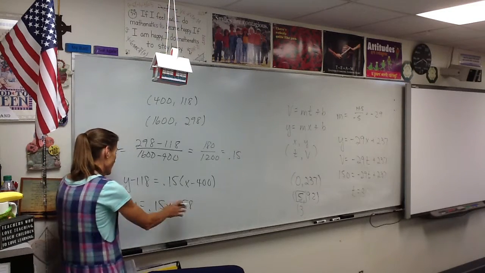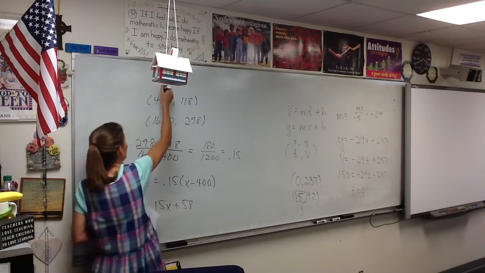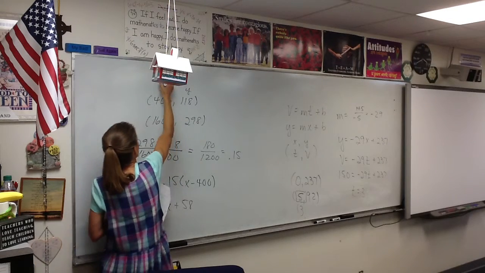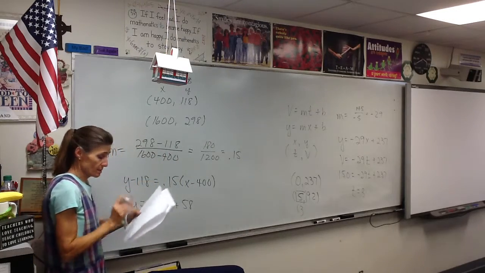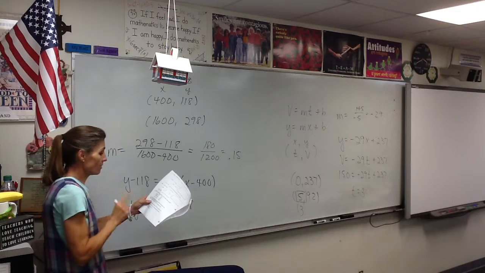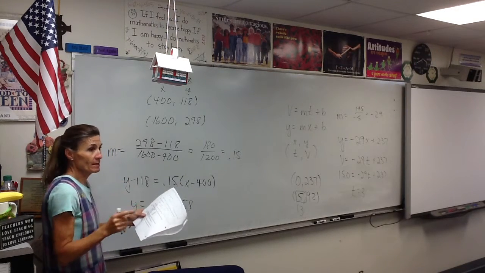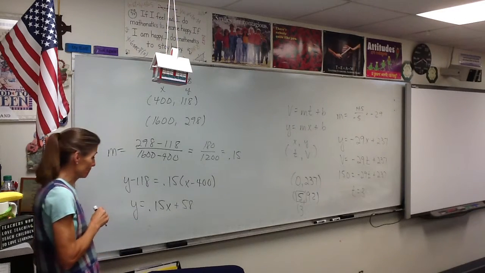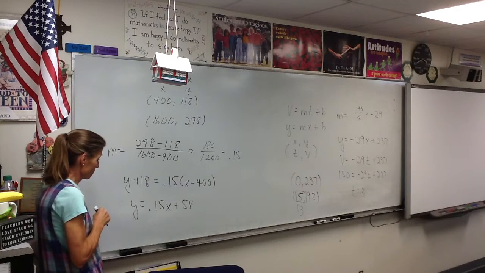So this is the equation of the line I'm going to use, and I'm using x's and y's, but what do my x's and y's represent? X represents the distance and y represents the cost. So when it says it costs $172, how far is it? What will we do? 172 is the y. Yep.